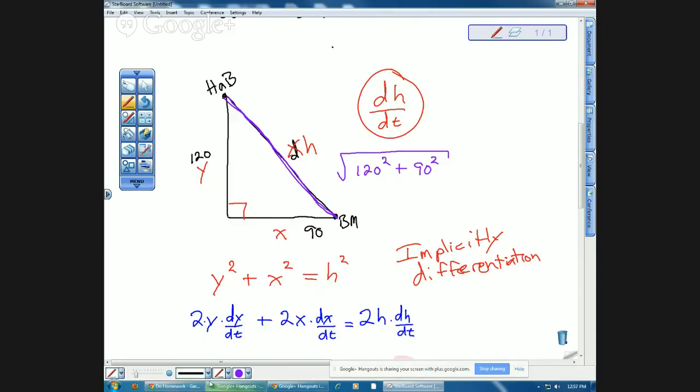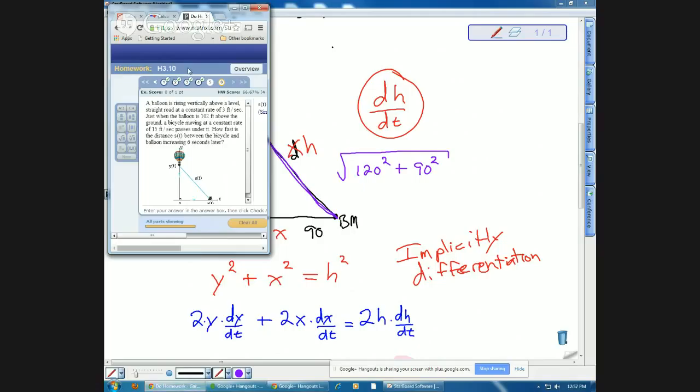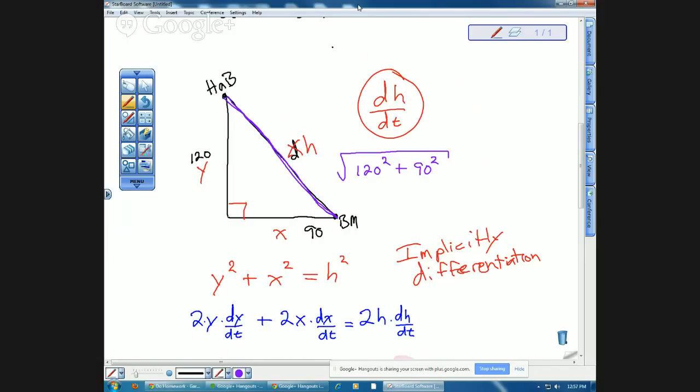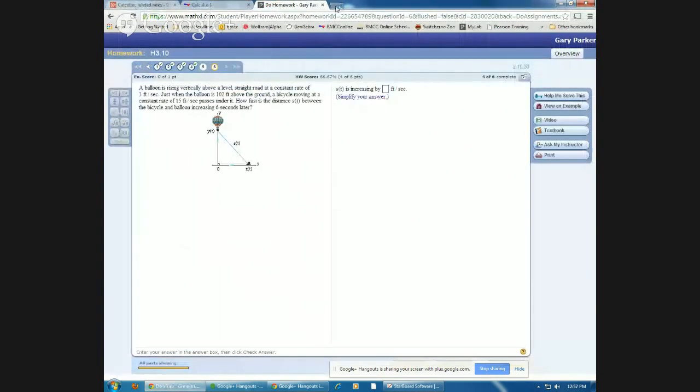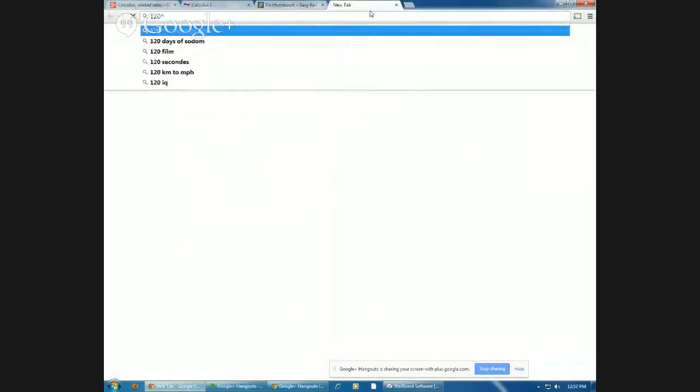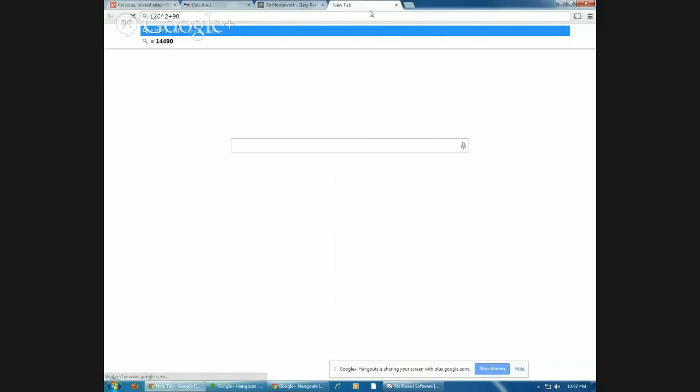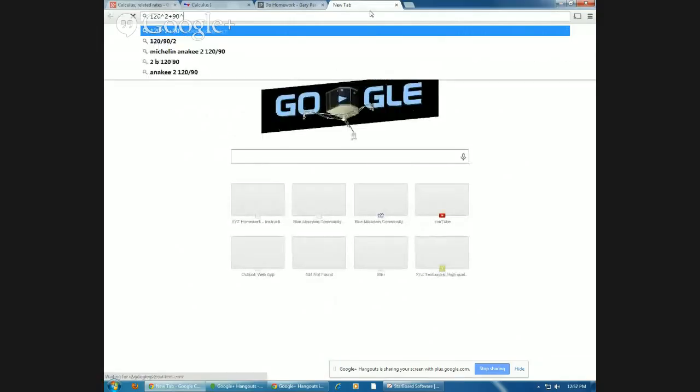I'm going to ask Google. What is it? 150 is what it comes out to? Anyone else get that? Get confirmation on that. Always want to make sure we're checking our work. Let's go ask Google here. What is 120 squared plus 90 squared?